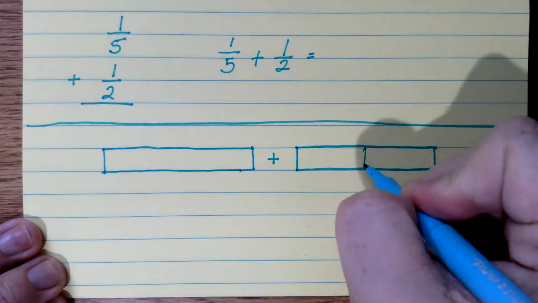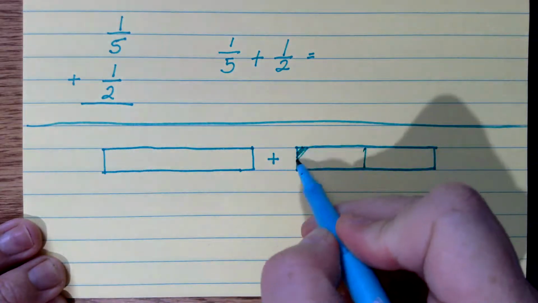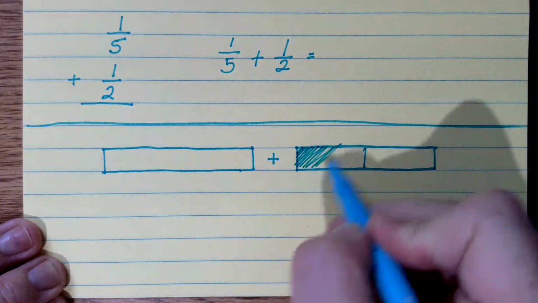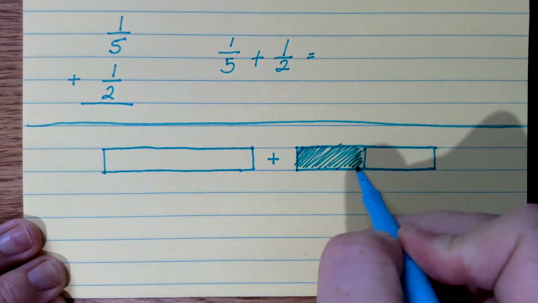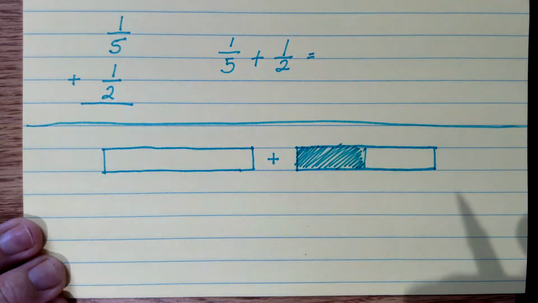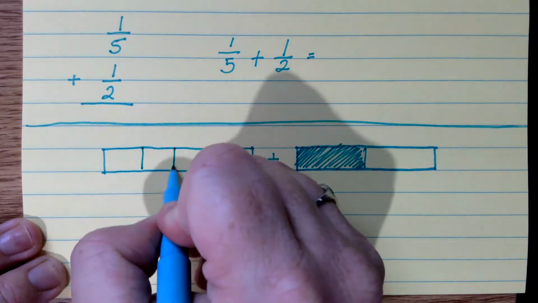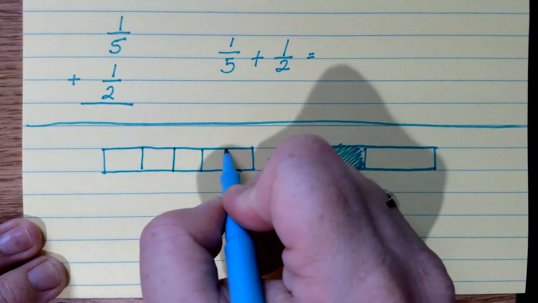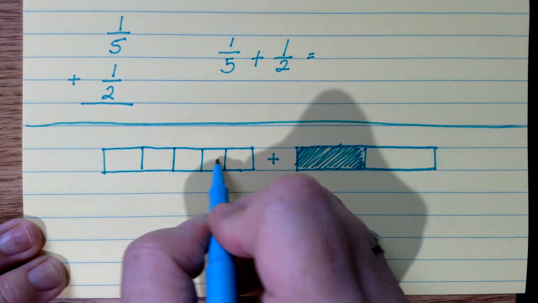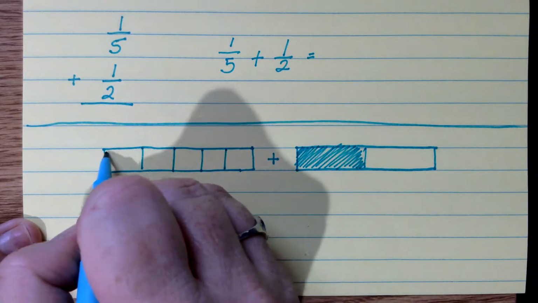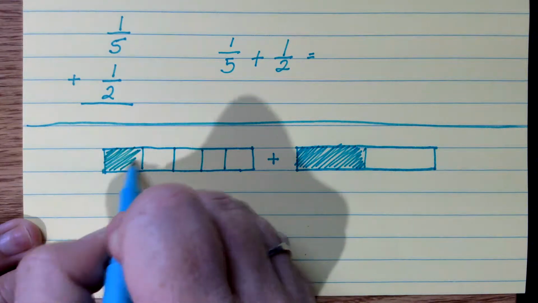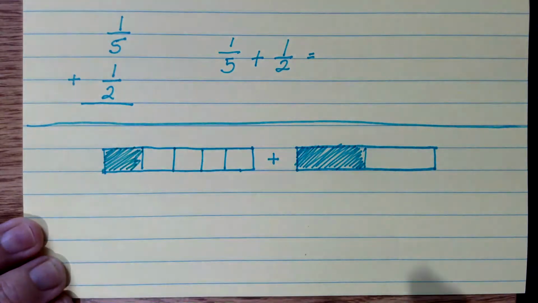So 1/2 over here, and then here is our fifths. 1, 2, 3, 4, 5. So we have 1/5 plus 1/2. That's our picture.